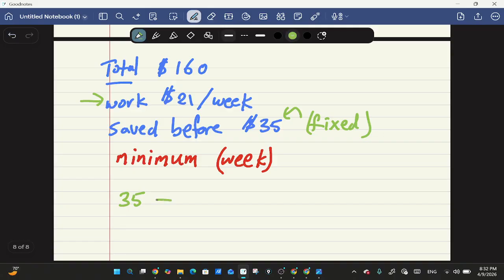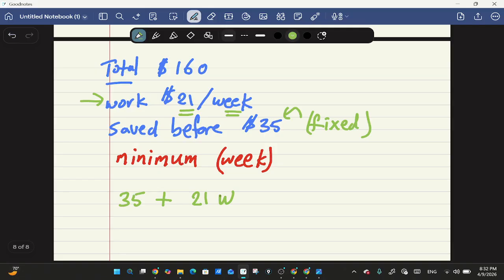Then he will start to add to this number. He is working weekly, so each week, the first week he gets 21, the second week 21, the third week 21, and so on. Instead of writing 21 plus 21 plus 21 several times, we just write 21 times the weeks.